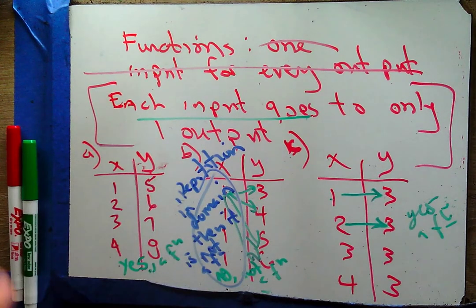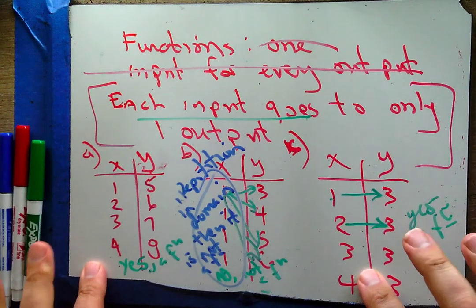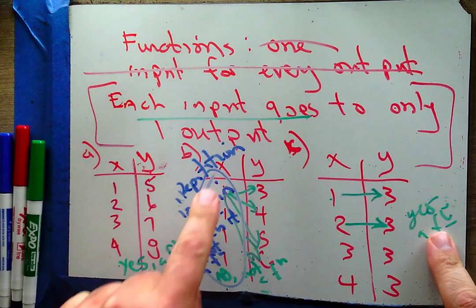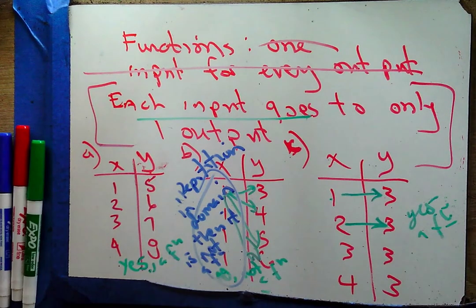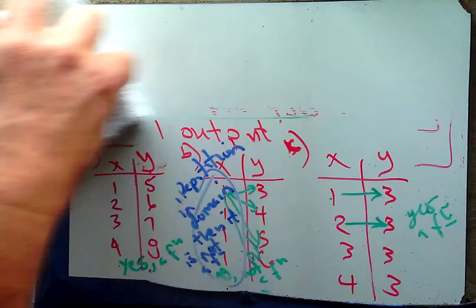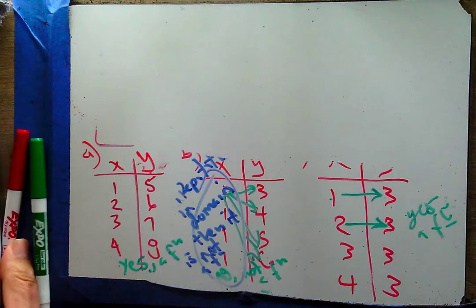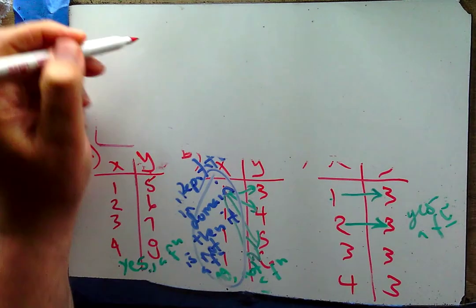Okay, so I don't see any repetition in the domain of these. That's why these are functions. I do see repetition in the domain here. That's why this is not a function. Let's take a look at the graphs of each of these and see if we can come up with some sort of graphical understanding.